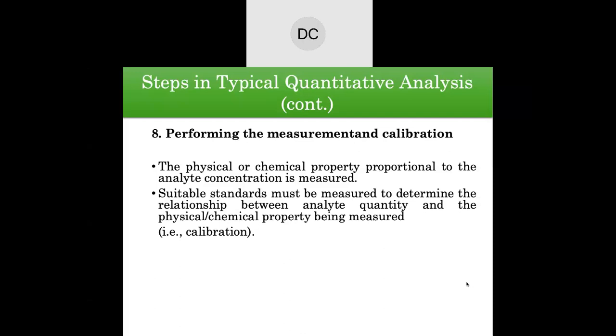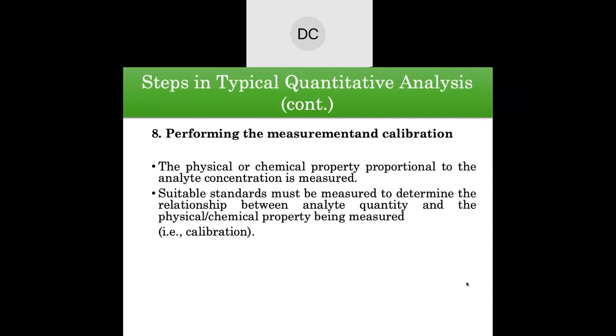Jadi kalau, for example, you are using UV visible to determine the concentration, you need to do the calibration curve first. Maksudnya, calibration ni maksudnya awak sediakan satu graph yang mewakili standard kepada concentration itu. For example, in order to determine the nickel concentration in a sample, awak nak determine nickel punya metal.